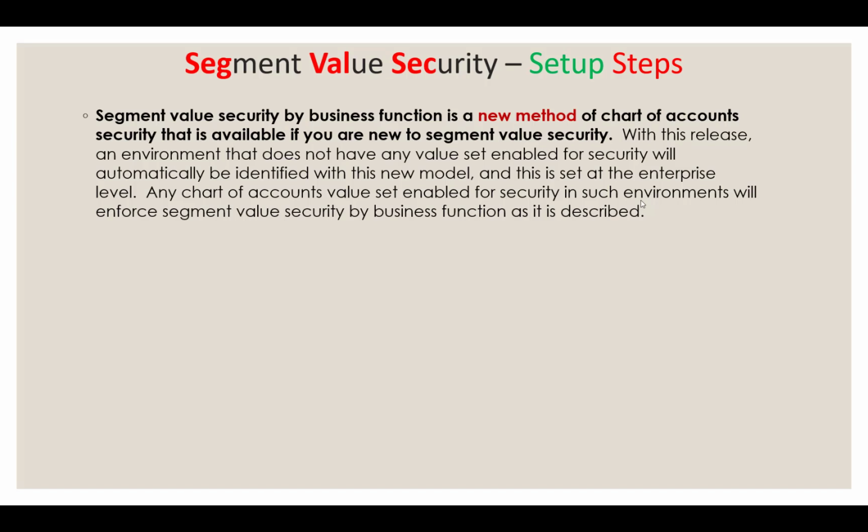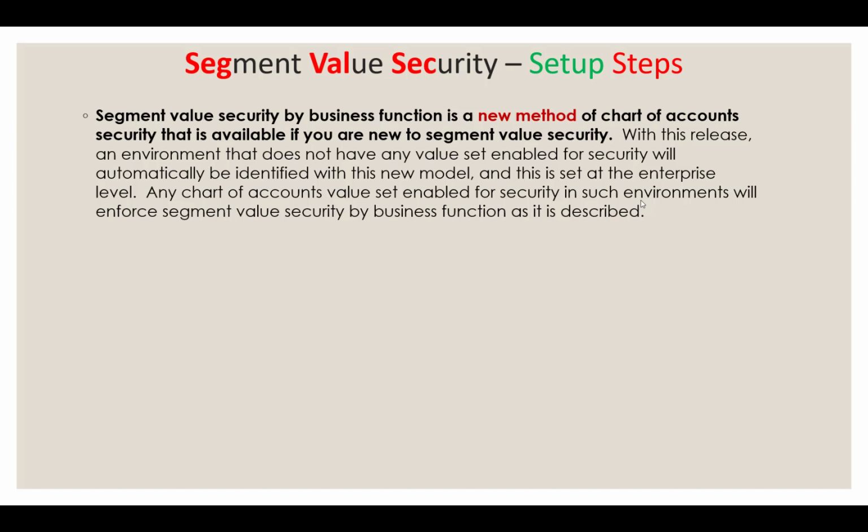Business function means modules. We said before that you can enable segment value security for payables, receivables, intercompany, subledger accounting method, and fixed assets. The note is saying that segment value security by business function is a new method.